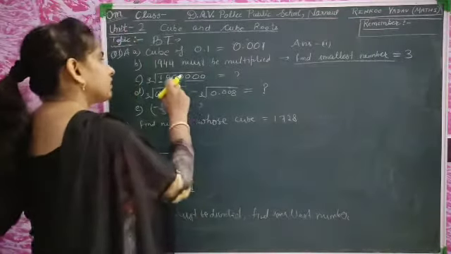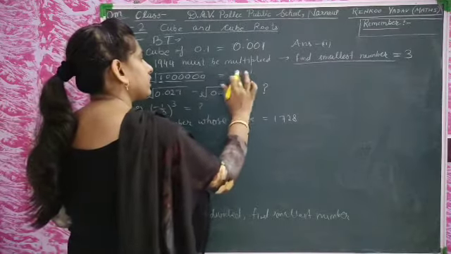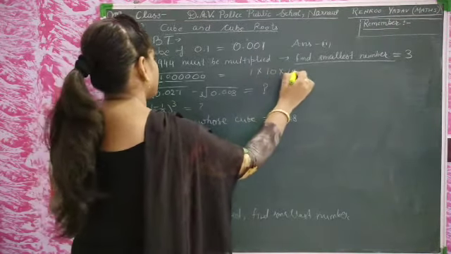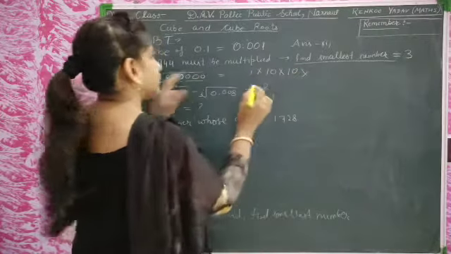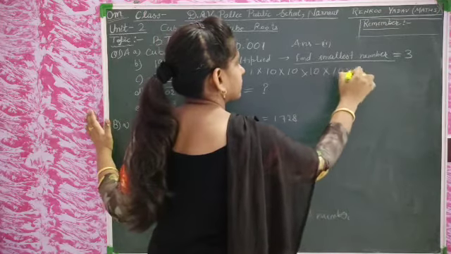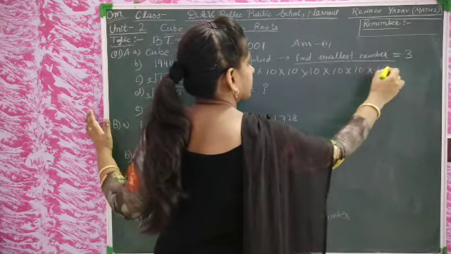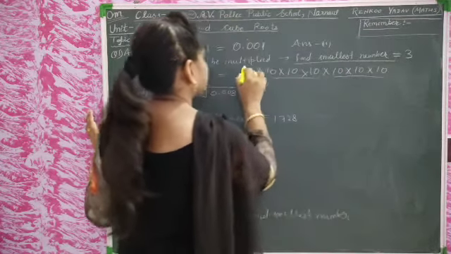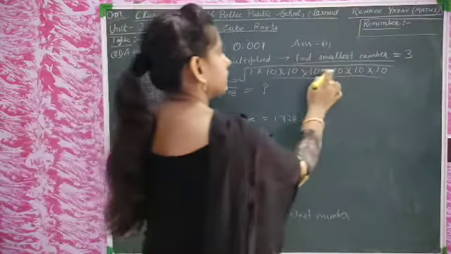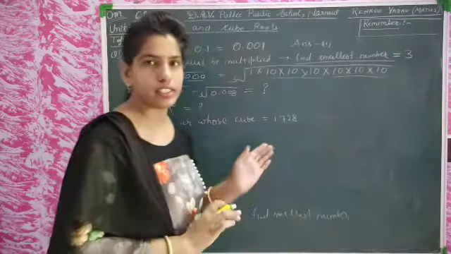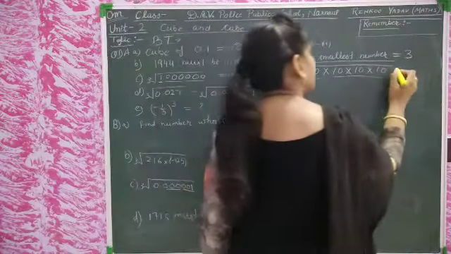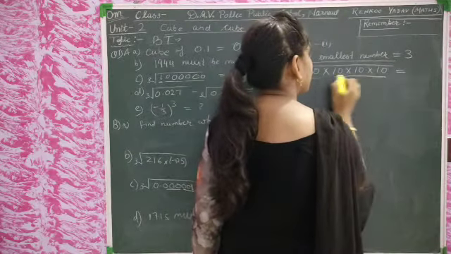You are seeing that this is the multiplication of 10 into 10 into and so on. To find the cube root, we take the triplets of 3 numbers.